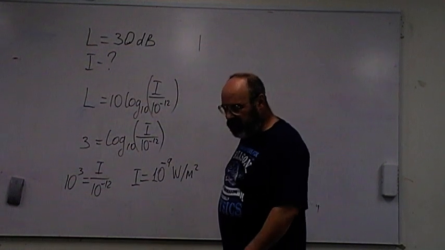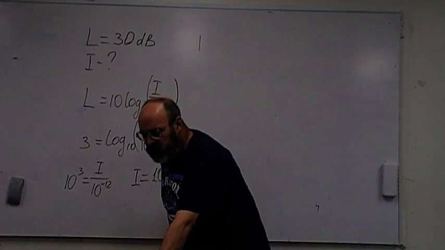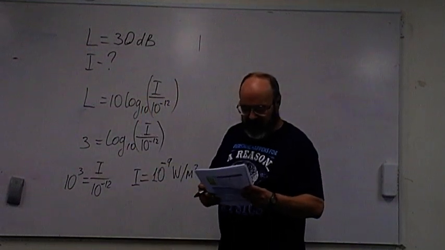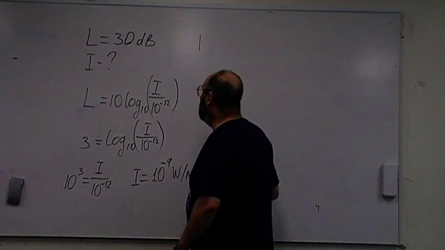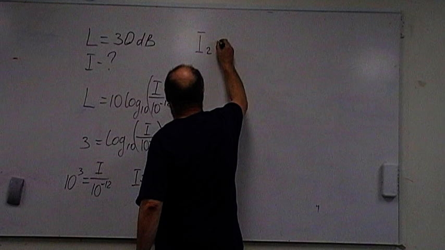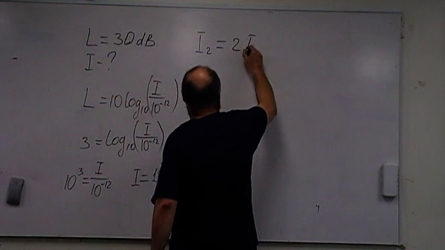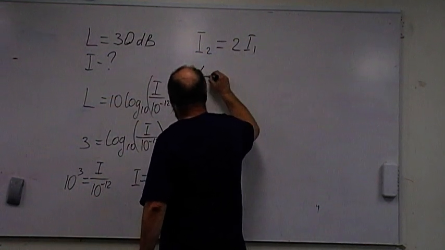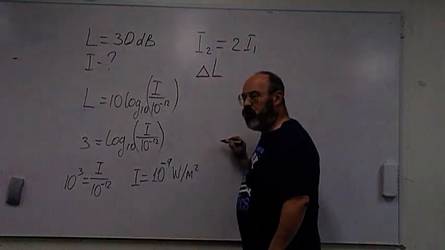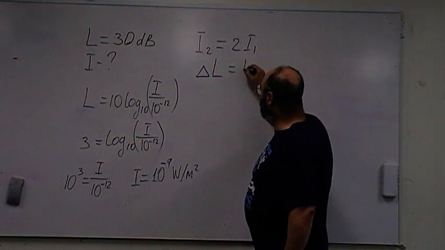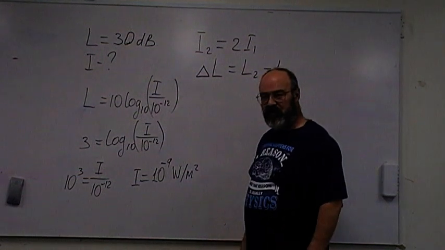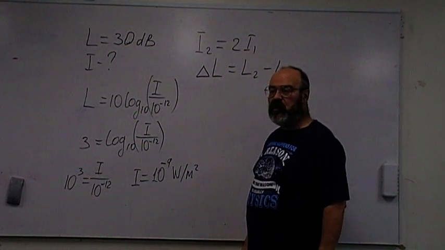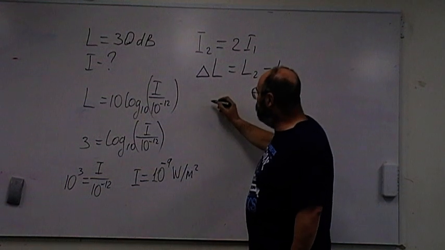Another example, what will be the change in intensity level when sound intensity goes up? If we have I2 equal to 2 I1, and we want to find the change in the sound intensity level, so what will be L2 minus L1? Let's substitute it into the formula.